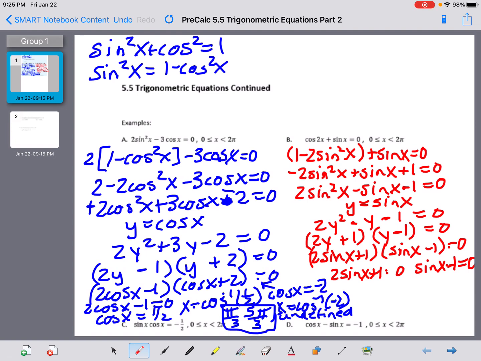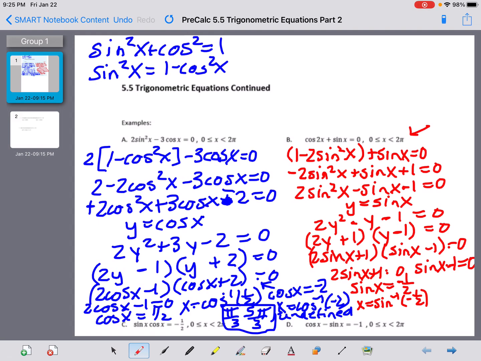On the left side, I'm going to skip a little bit of work here, but I'm going to subtract 1 and divide by 2, so I get negative 1/2. So when I take the inverse sine of negative 1/2, I'm asking myself where in my unit circle, because my interval is between 0 and 2 pi, will my values be negative 1/2?